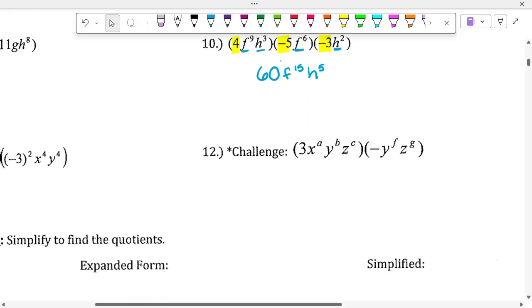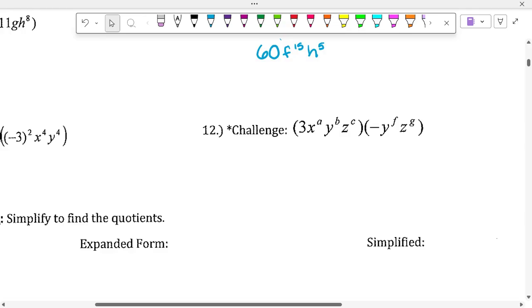Now, the last one we're going to do for multiplication is this challenge problem, so number 12. So your coefficients, there's a 3, but there's also a -1. So if you ever see a negative sign on the outside, it is denoting a -1. So we're technically multiplying 3 and -1 together, which is -3. Then we look for x's.